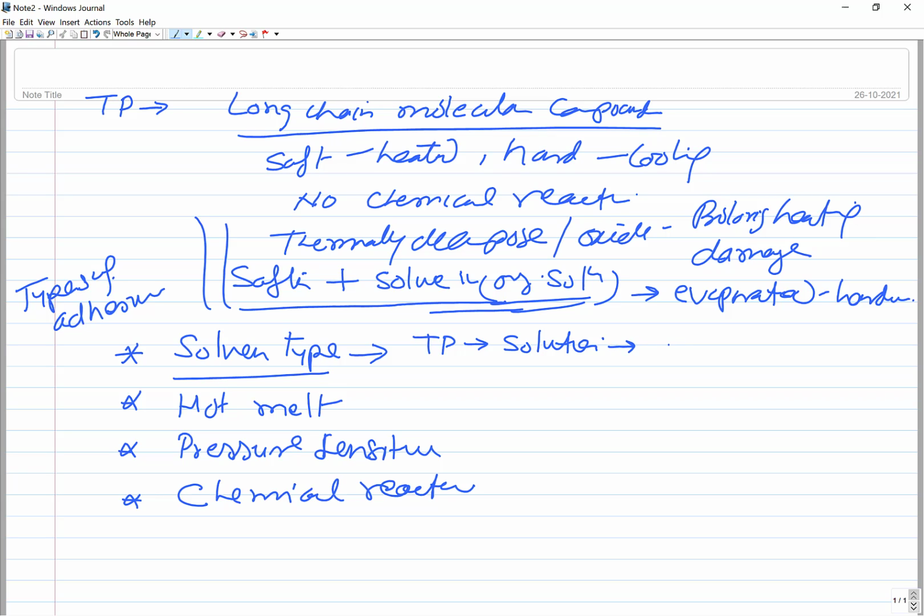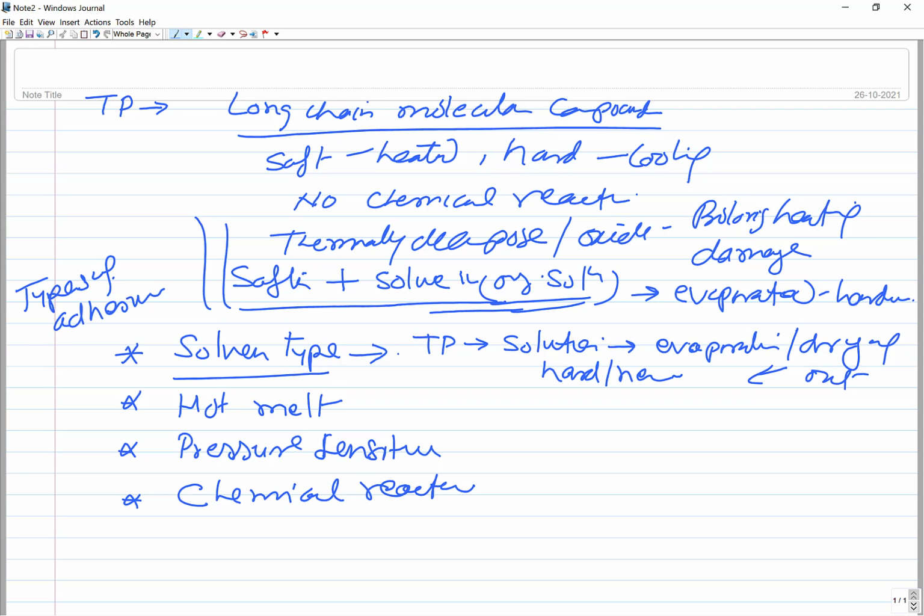When the solvent gets evaporated, or you can say the drying out of the solvent, it leads to imparting the desired hardness and strength.